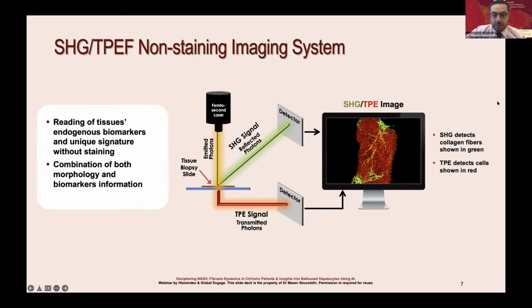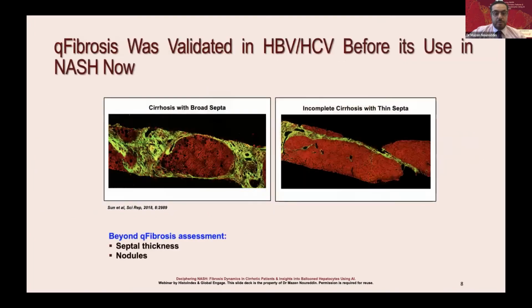And here I'm showing it to you, these signals and how the HEG detects collagen fibers shown in green, and the other signal detects cells shown in red. So that has been revolutionary in the concept of histology in hepatology in general, in NASH and in NASH cirrhosis.